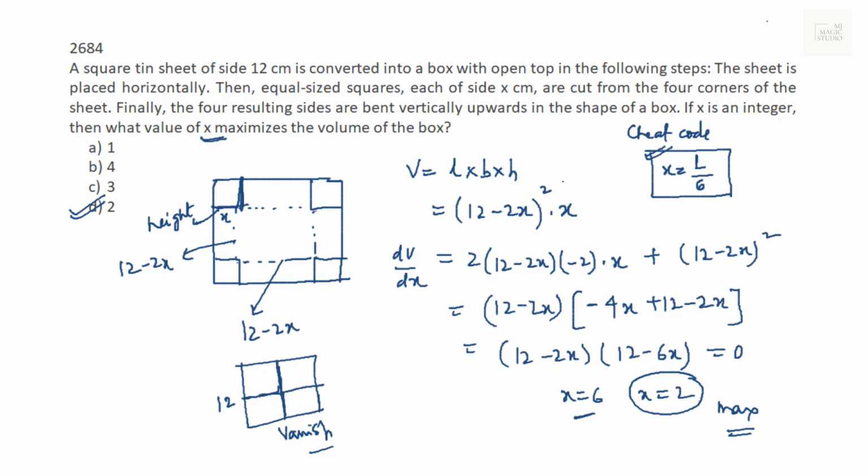You can keep this in mind, and this will always help to solve these kind of questions in no time. So the answer straight away is 12 by 6, that is 2. If it is 18, then it would be 18 by 6 equals 3. You can solve it and you can get the same result. So remember the cheat code, that will always help in these kind of questions. Here the answer is D, that is 2.